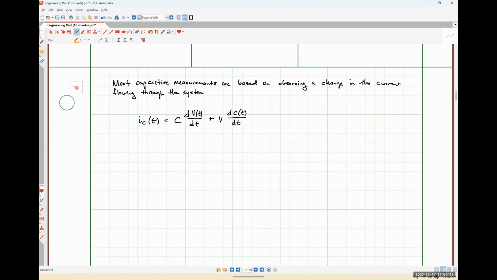In normal operation, one term is going to be significantly larger than the other. So when we have measurement based on the change of voltage, this is a displacement measurement. Measurement based on the change in capacitance is a rate of change measurement. Anyway.